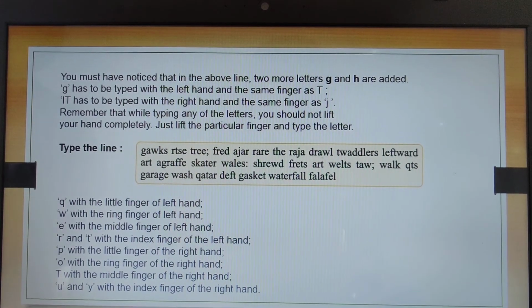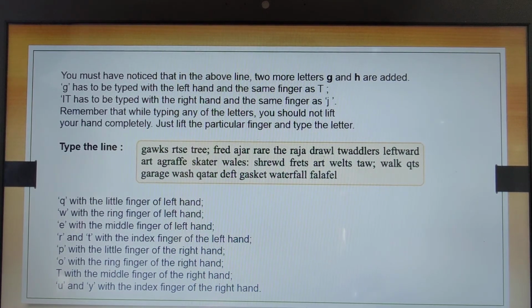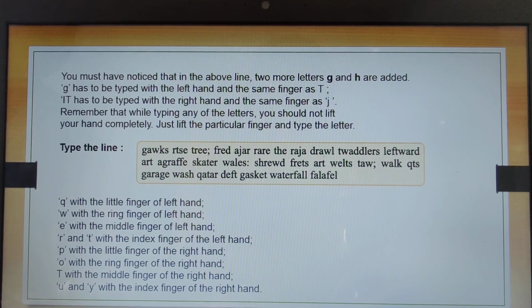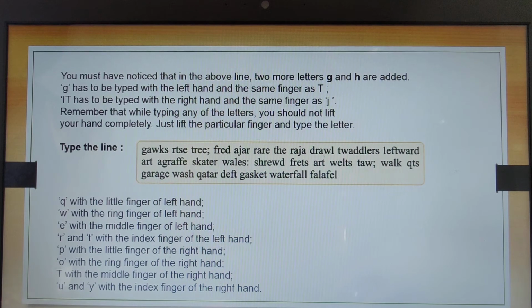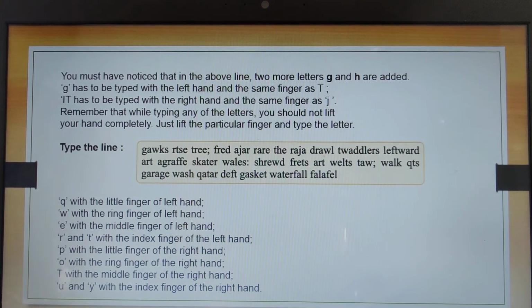So until you learn completely, do not lift your fingers. Keep them lightly there, without pressing. Again, they have asked you to type something: GAS space, RTSE space, tree, then semicolon. Semicolon is typed with your little finger on the right hand, as I told you, children.